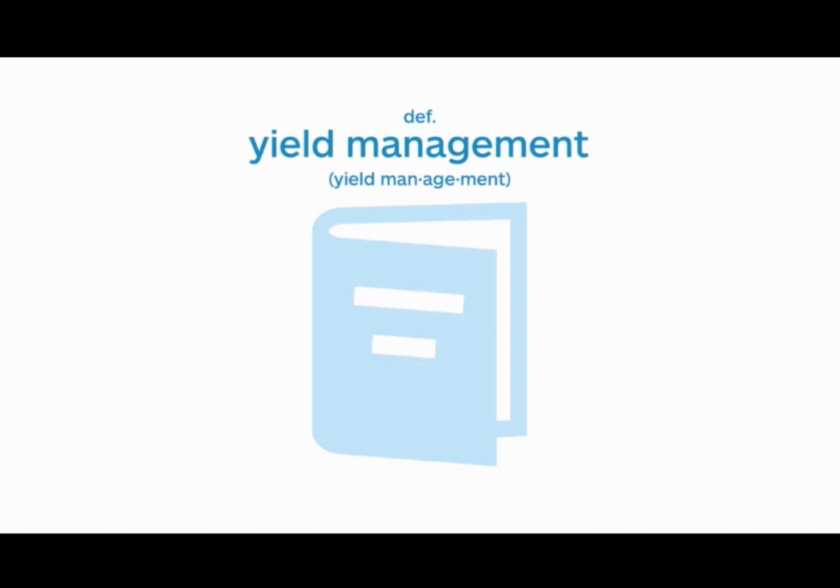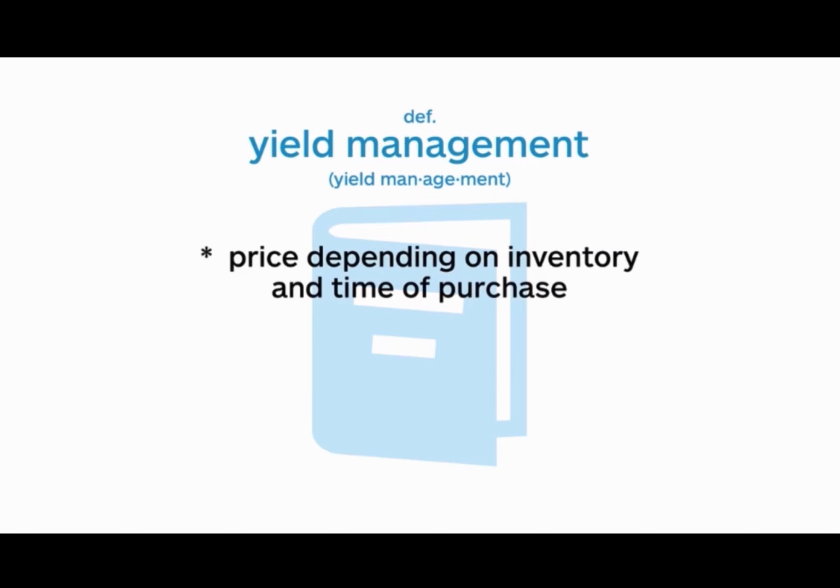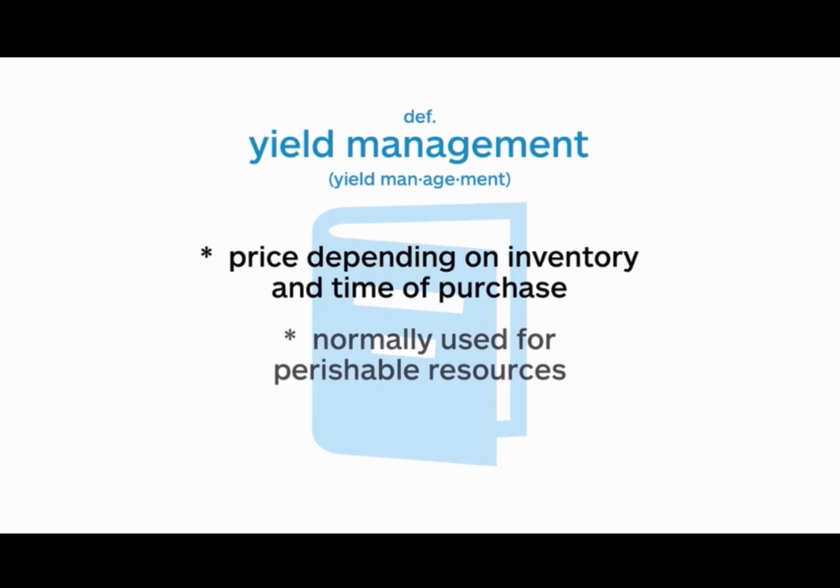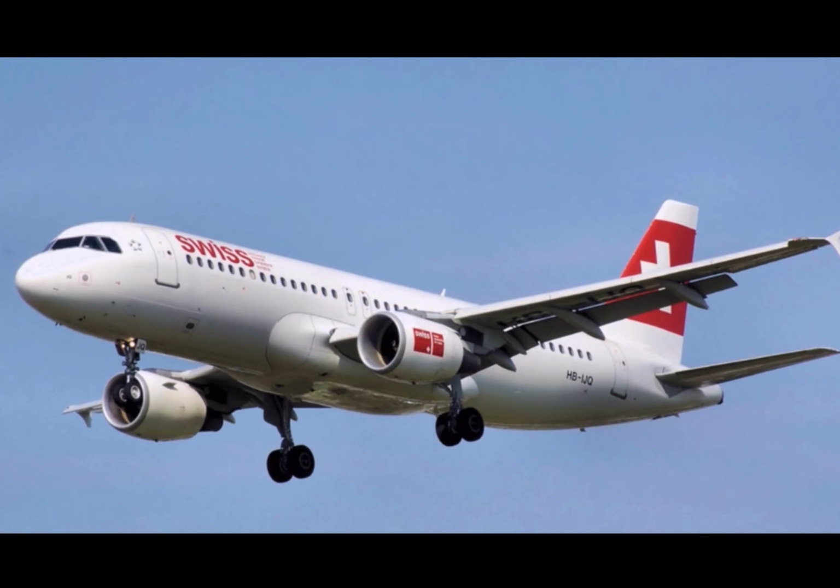Here's a very different pricing mechanism. Yield management, very interesting. Now here the price depends on the inventory and the time of the purchase. This is mainly applied in areas where you have perishable resources. What do I mean with that? Airline seats. Once a flight has taken place, the seat is worthless, so it perishes. So airlines sell the seats based on the number of seats available and the time of the purchase.